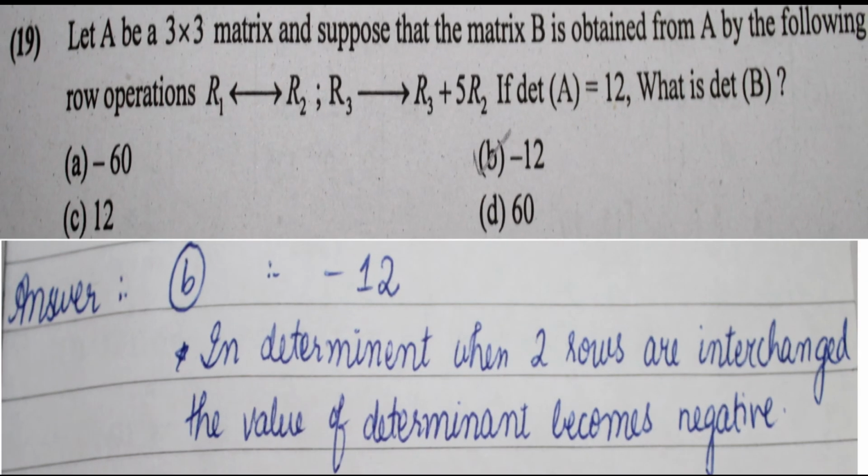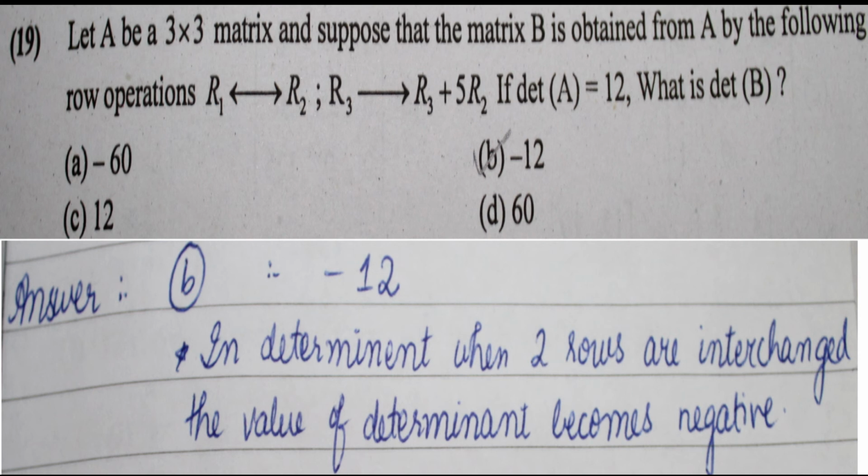Next question is, let A be a 3 cross 3 matrix, meaning it has 3 rows and 3 columns. And suppose that the matrix B is obtained from A by the following row operations. R1 and R2 are interchanged, whereas R3 is converted into R3 plus 5R2. If the determinant of A is equal to 12, what is the determinant of B? It's a simple question. You don't need the expressions which are given for the interchanging and conversion.